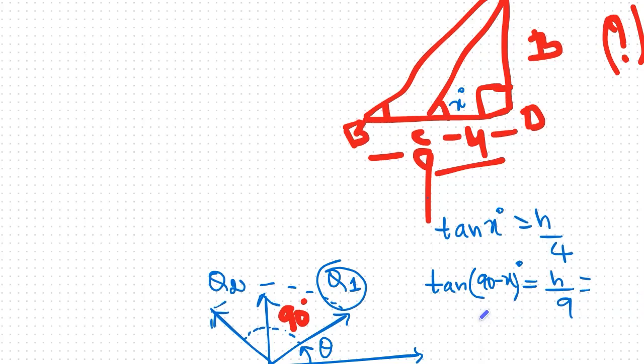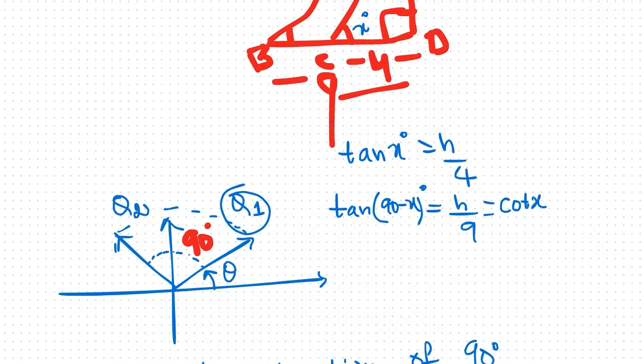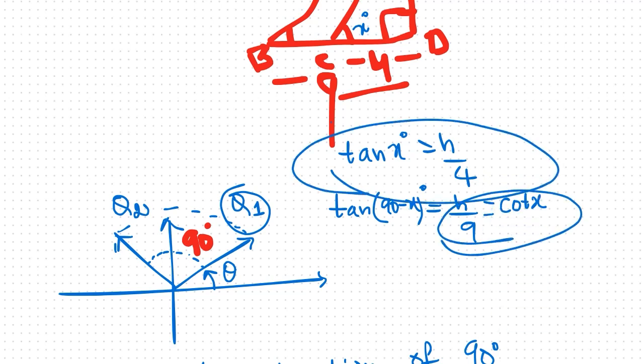So it is the same as cot of x degrees. Positive or negative? It will be positive, because in the first quadrant everything is positive. So cot x will be this much, but tan x will be this much.